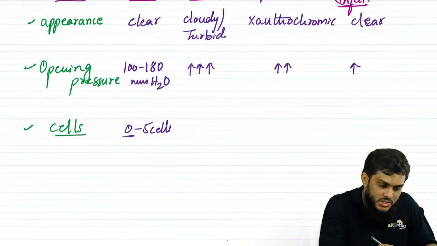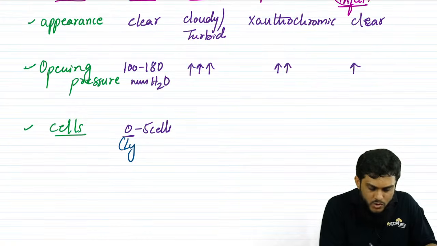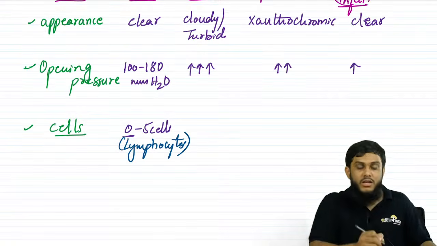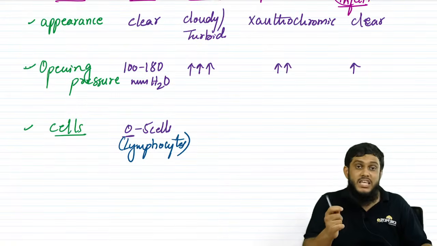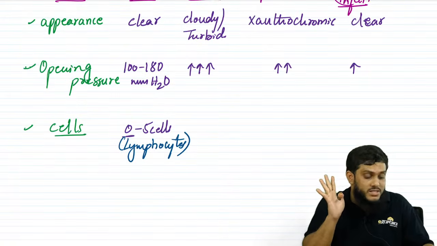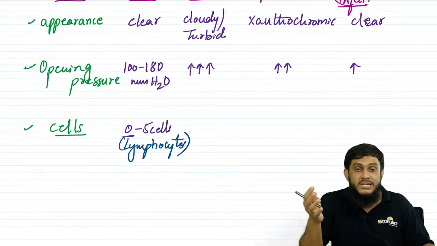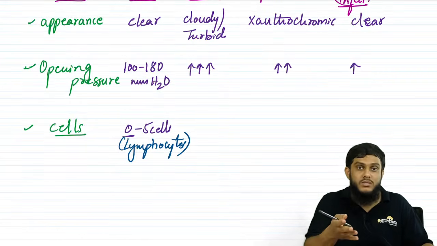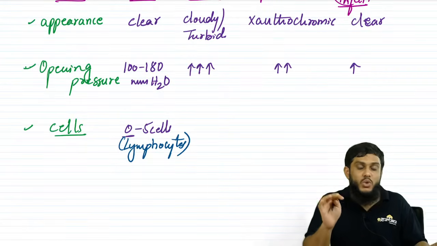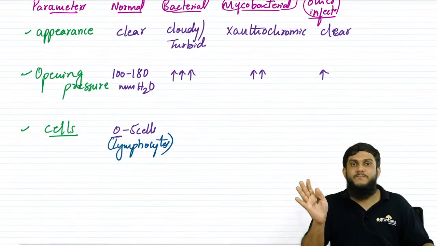The answer is lymphocytes. More than 5 cells is considered abnormal, or there is some other cause. And those 5 cells which are present are lymphocytes.